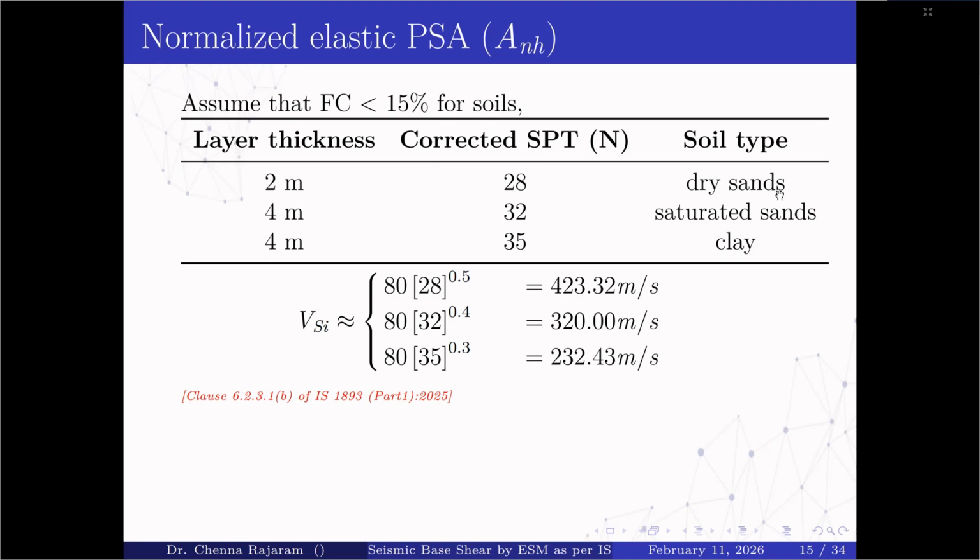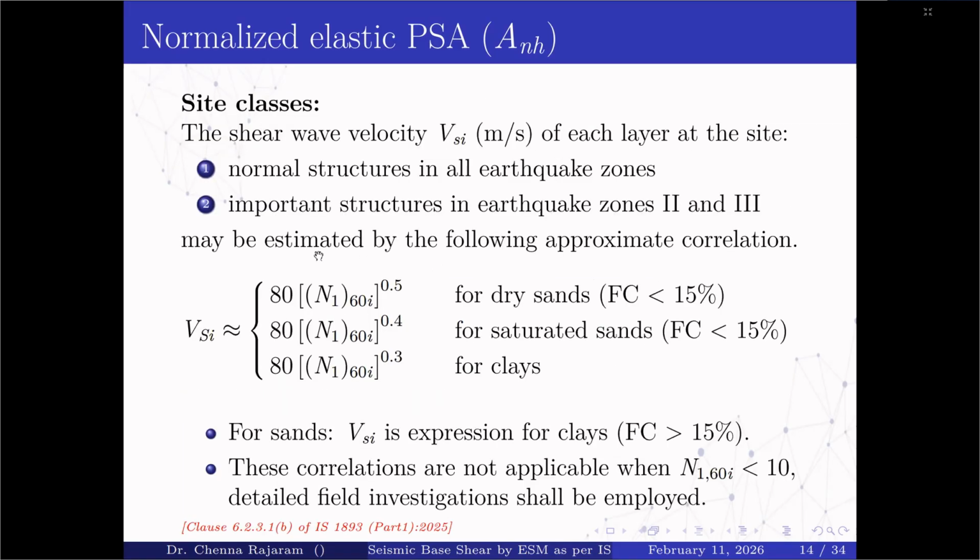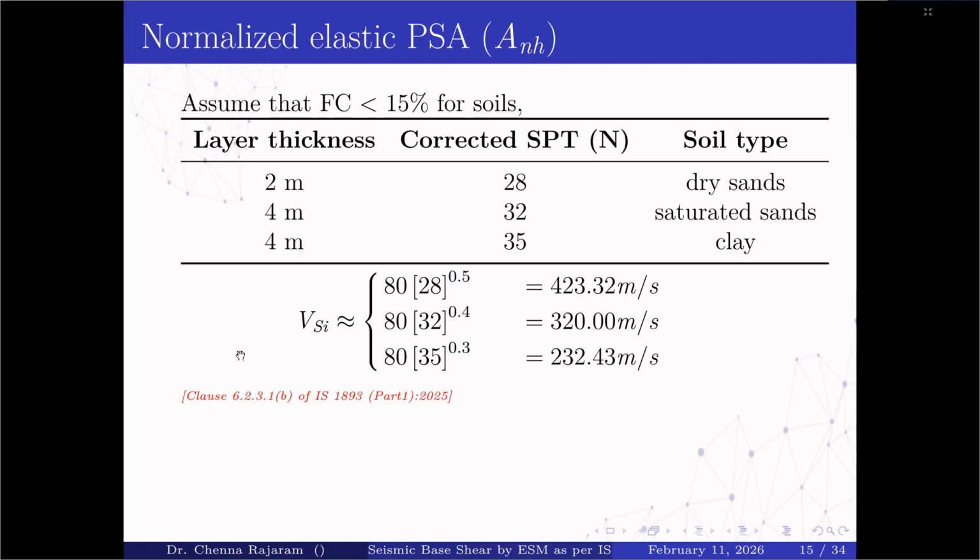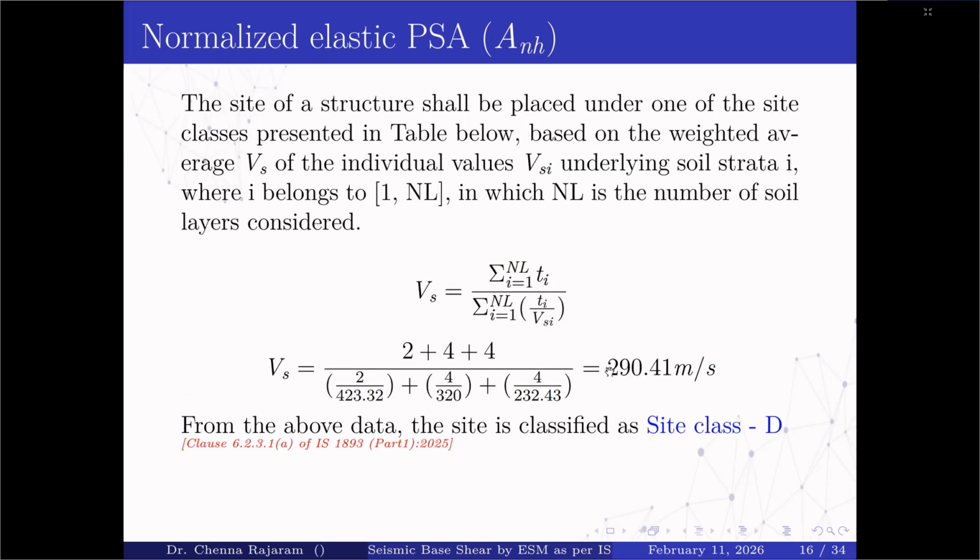The soil types are dry sand, saturated sand, and clay. Using these expressions for the shear wave velocity, we calculated the VSI values: 423.32 meter per second, 320 meter per second, and 232.43 meter per second.